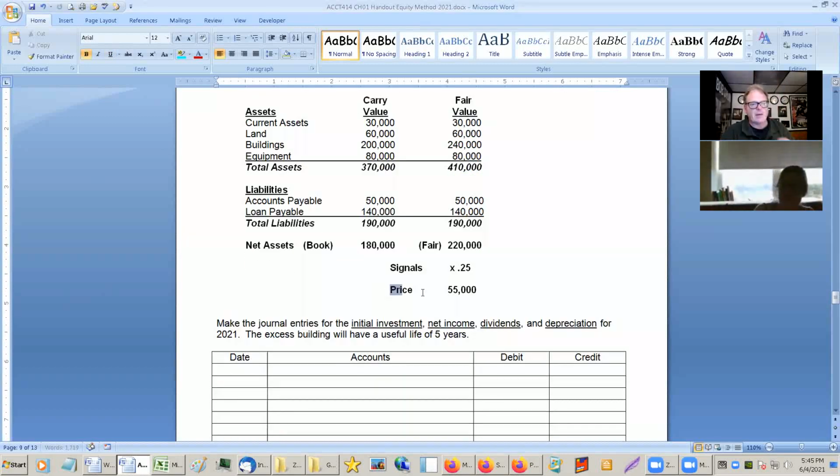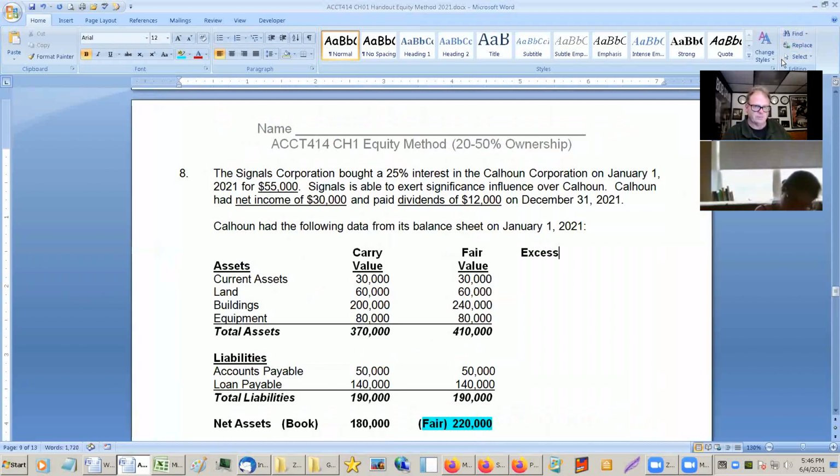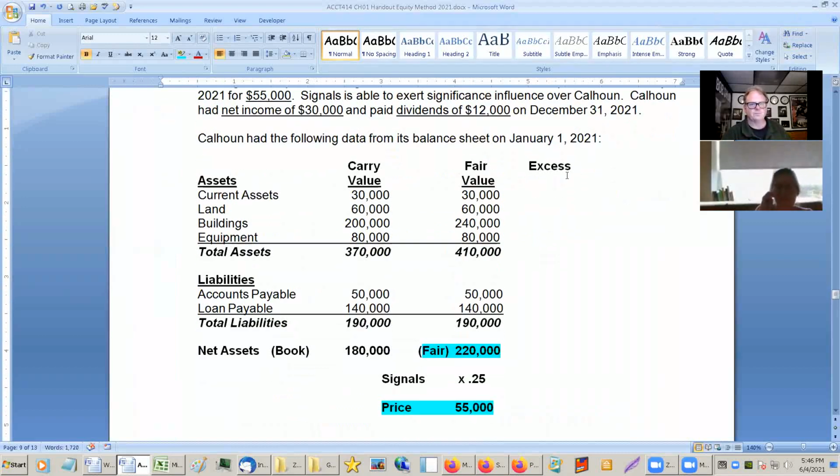Okay, so this is how they came up with that 55,000. They bought 25% of the business, and again, this is the fair value. Let me zoom in a little bit. There actually is some excess value here.